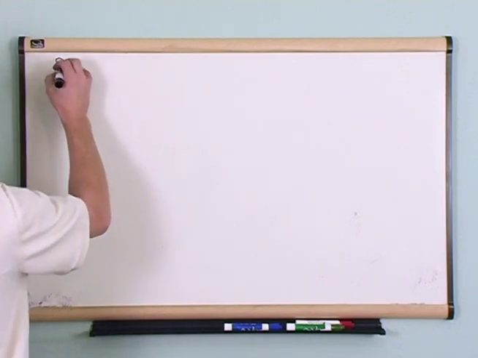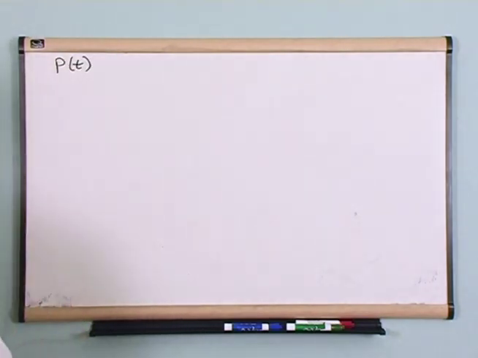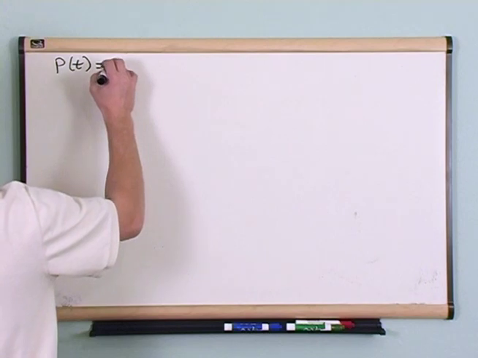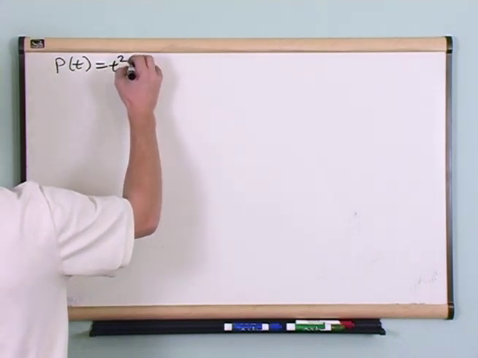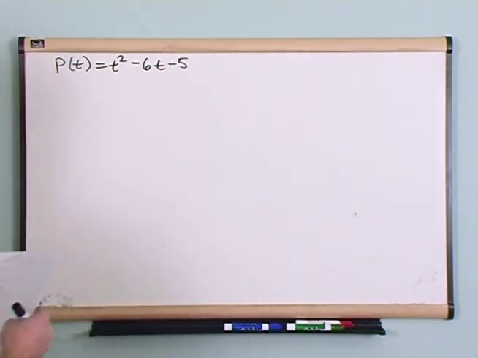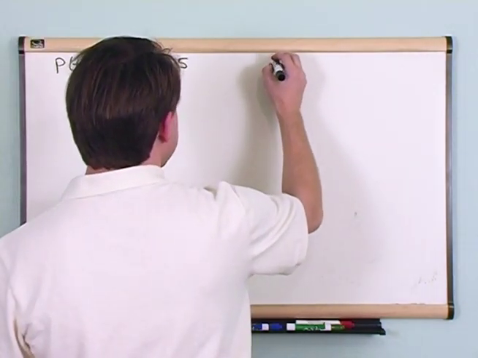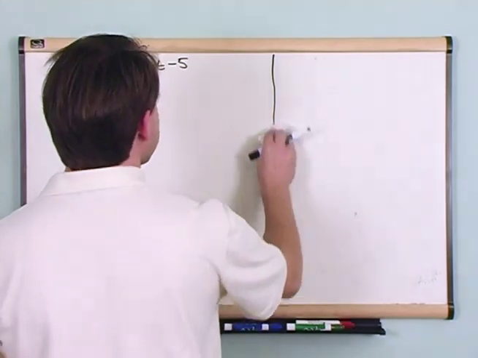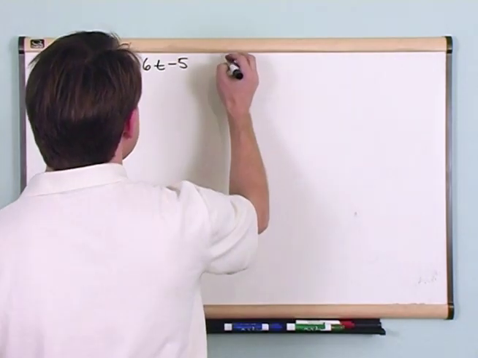So let's say you have a function p of t, could be the position of something, and that's equal to t squared minus 6t minus 5. Now, for your benefit, I'm going to write the definition of the derivative over here, because I know you probably haven't memorized that.